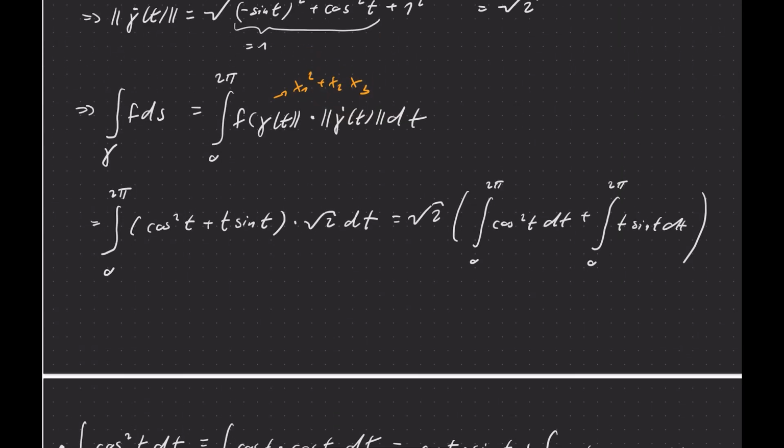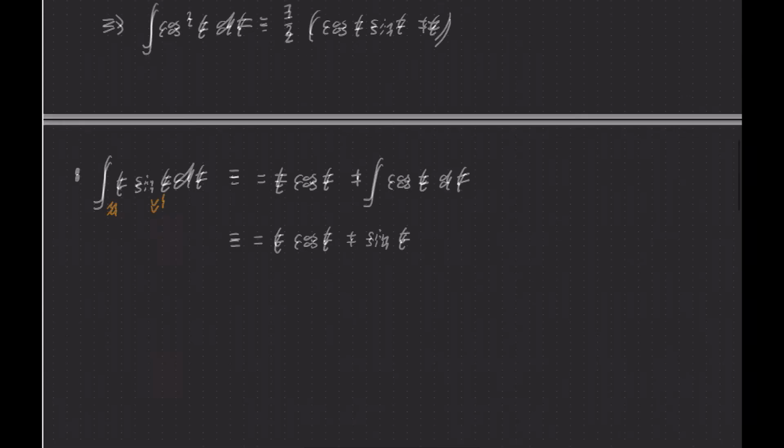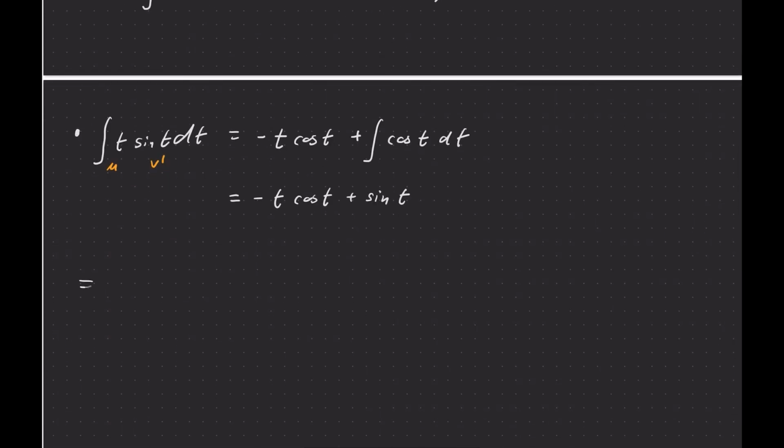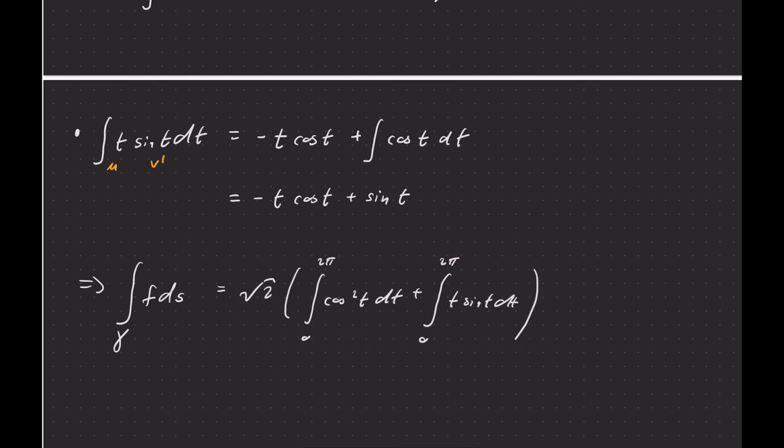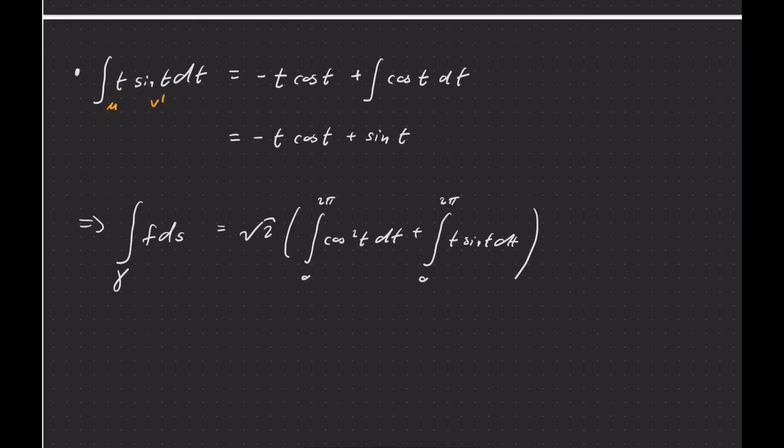Now remember, we wanted to evaluate this line integral of f along gamma, and this is the expression that we came up with so far. So let me just copy that, and that means the line integral of f ds along gamma was the same thing as this expression here. And now we can say this is the same thing as square root of 2 times, and we have evaluated these two integrals.